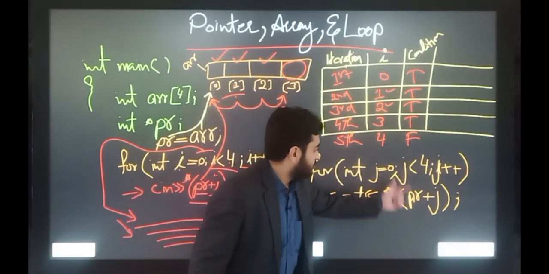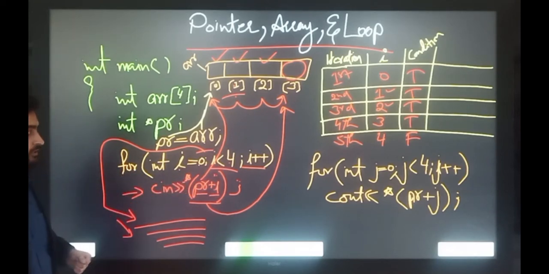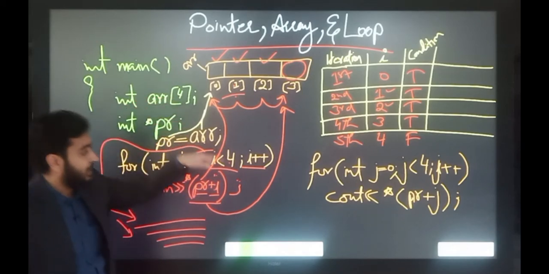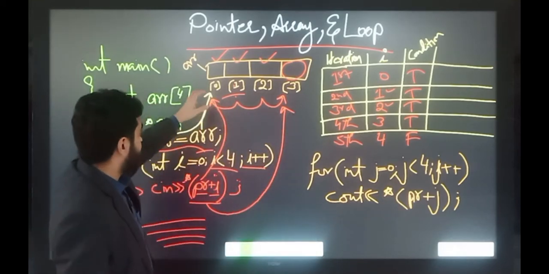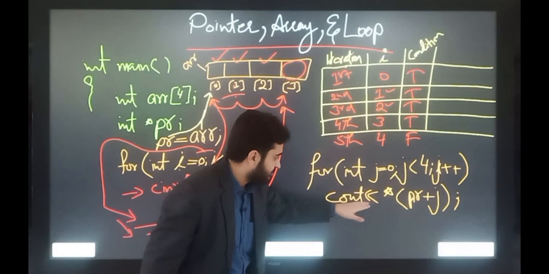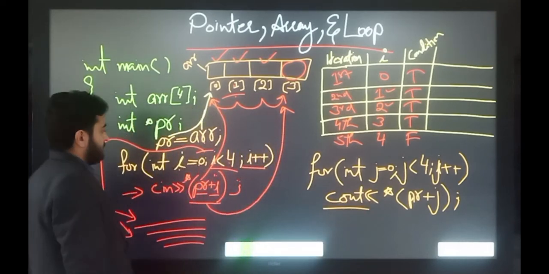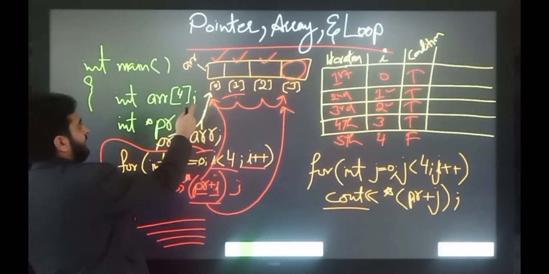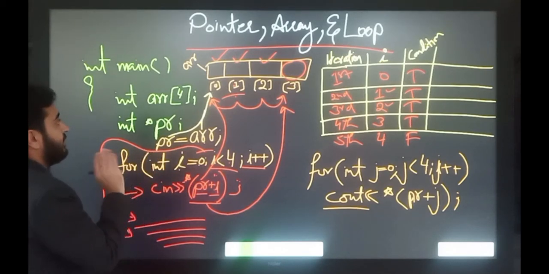Okay, and we have used the same concept of dereferencing, the dereference operator, as in the cin statement. So through this statement we are going to initialize the values inside the array, and through this statement we are going to fetch or access the values so that those values may be printed out on the console output. So this is the concept of using a pointer to access and fetch the values, or even initialize the values inside the array.